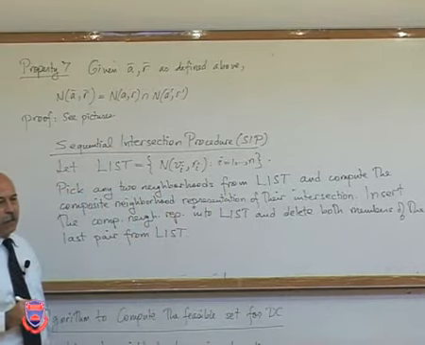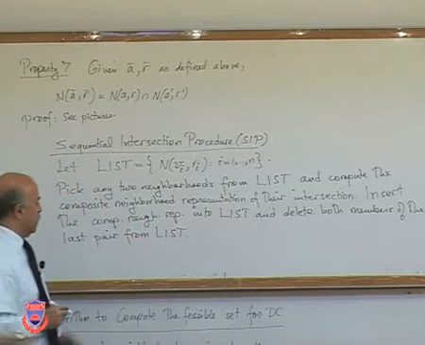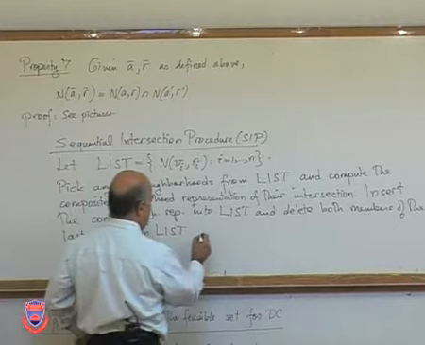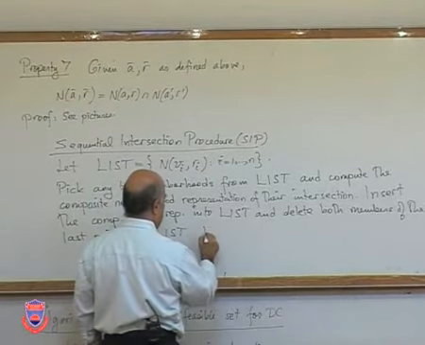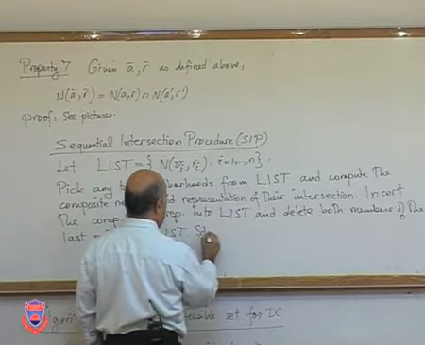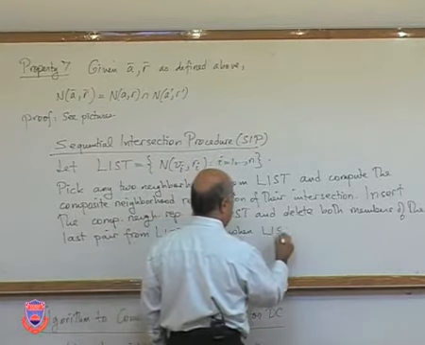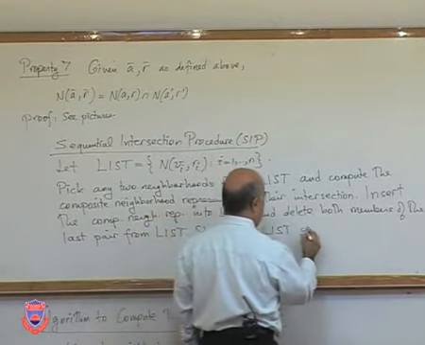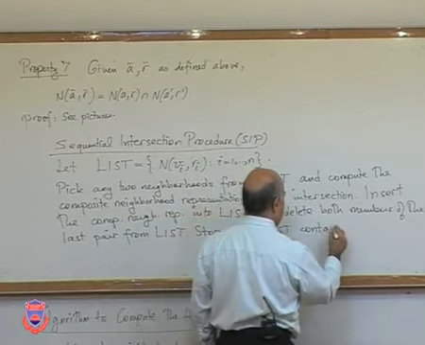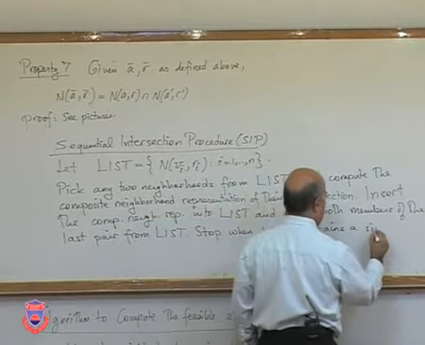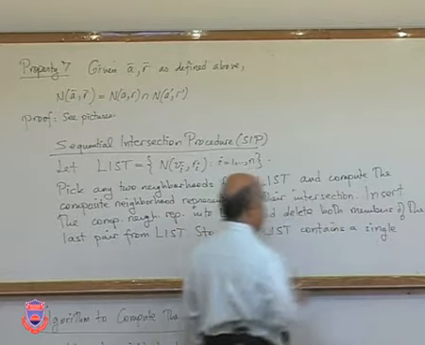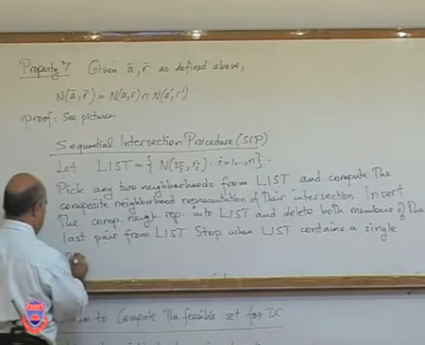That's the main step. And then you stop when there's a single neighborhood left. Stop when the list contains a single neighborhood.